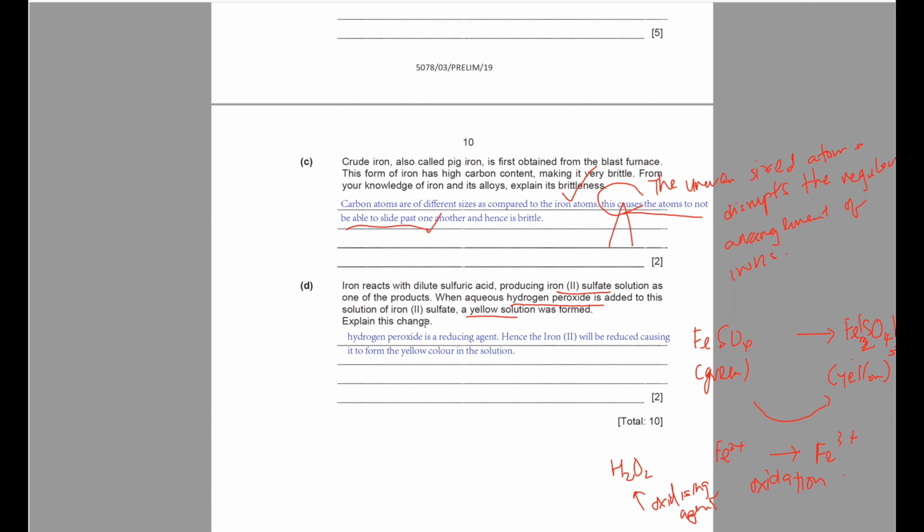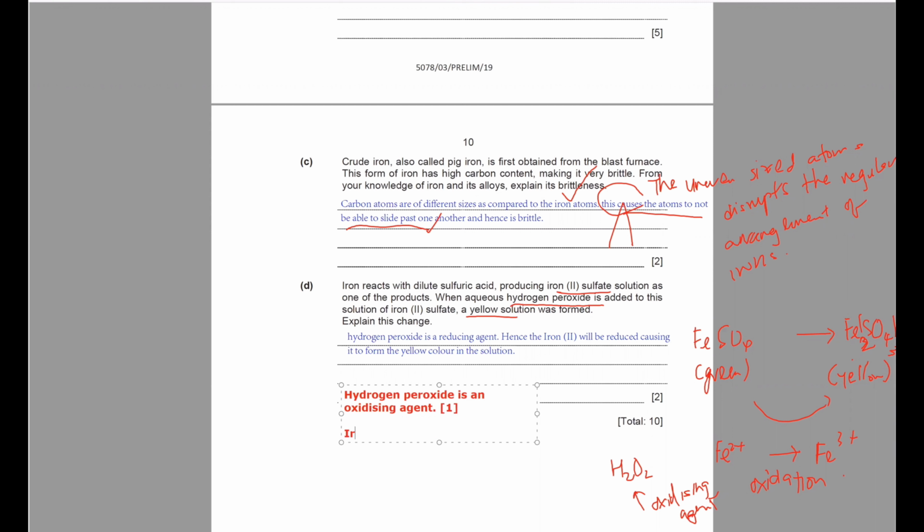So if I were to write it, you say hydrogen peroxide, you want its nature. So hydrogen peroxide is an oxidizing agent. That's 1 mark.